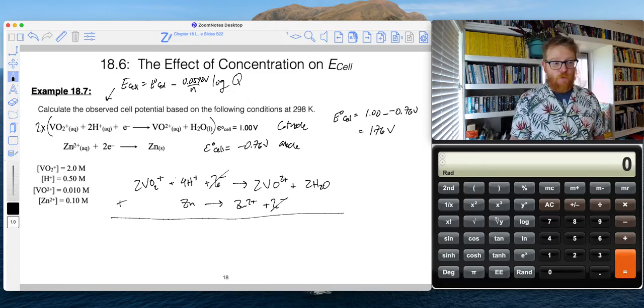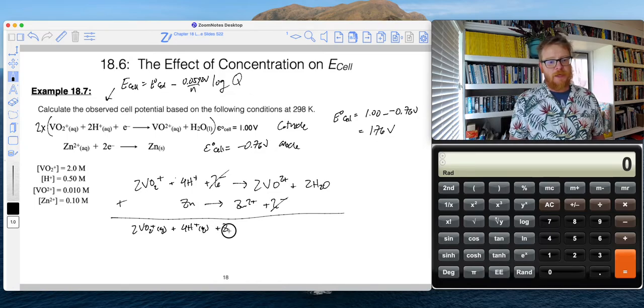And now I'm going to go ahead and write the phases so I can get the equilibrium expression written correctly. Okay. And maybe I even need more room to do this problem. But let's see how it goes. So I have 2 VO2 plus aqueous plus 4 H plus aqueous plus zinc solid.